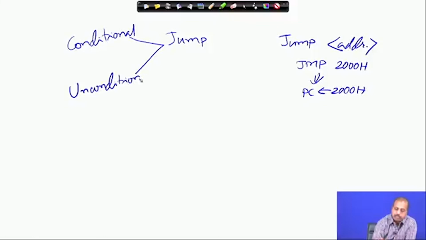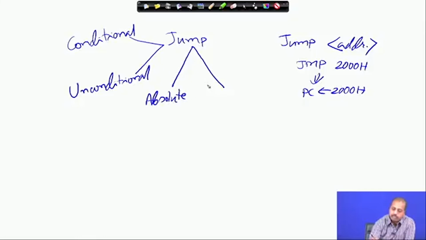We have seen jump on carry, jump on 0, jump on not 0; these are conditional jumps, and we have unconditional jumps like the JMP instruction. Another classification of jumps is absolute jump and relative jump.